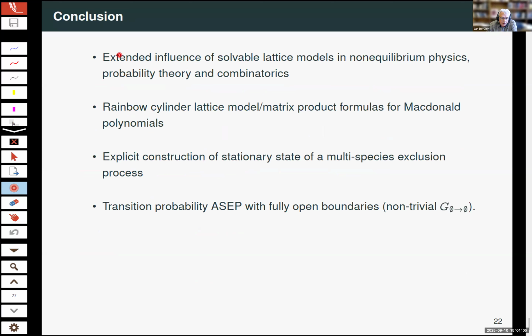Just a conclusion. So there's been an extended and ongoing influence of solvable lattice models in, as Tomohiro also indicated, Rodney worked predominantly in equilibrium physics, but in the past 10, 20 years, a lot of results have been obtained in non-equilibrium physics, in particular related to this KPZ fixed point universality class.